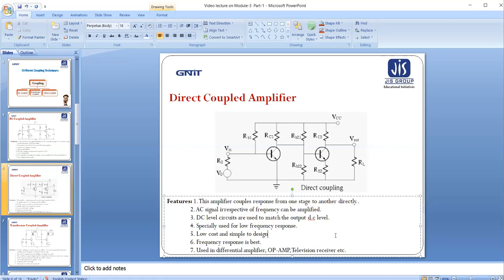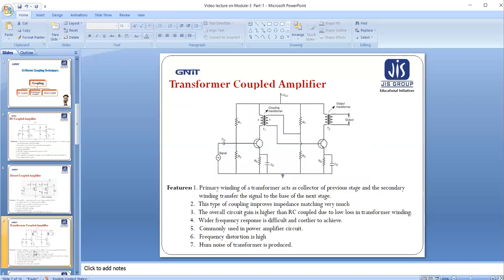So its frequency response is almost constant, excellent. It is used in differential amplifiers, op-amps and television receivers, where the video signals are received. Next one is the transformer coupled amplifier.